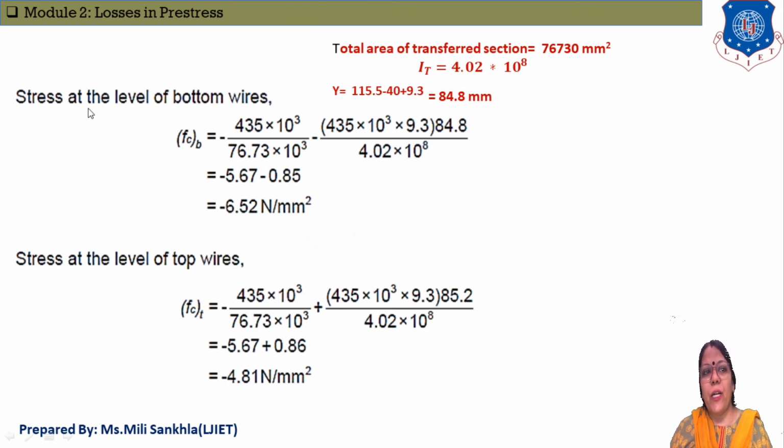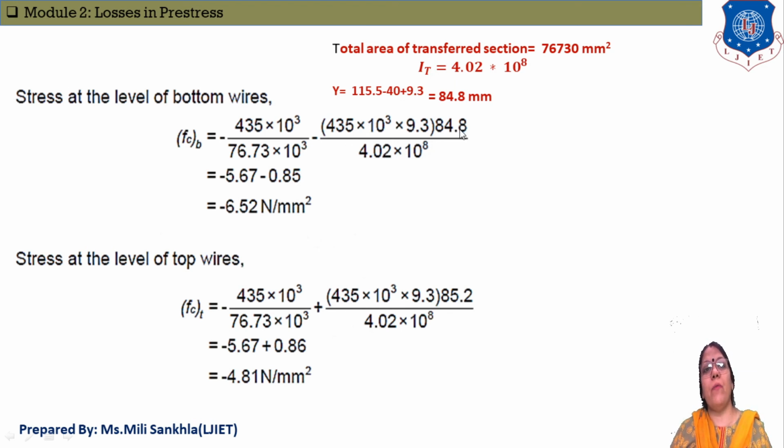At the bottom zone what happened? Compressive. At the top zone tension, at the bottom zone compression. So here I take negative, and the whole section of this prestressed member is under compressive force, so here I take direct stress as negative. Okay, now P, and this is eccentricity E 9.3, IT the transfer moment of inertia, and 84.